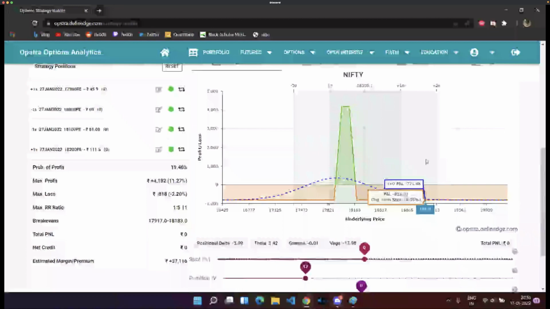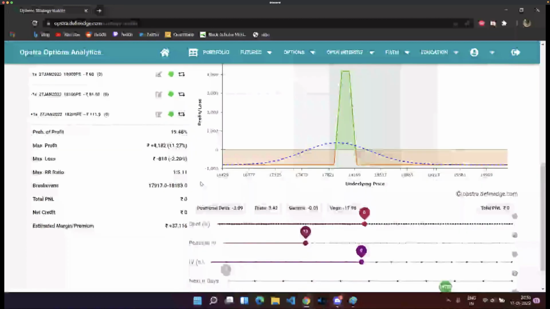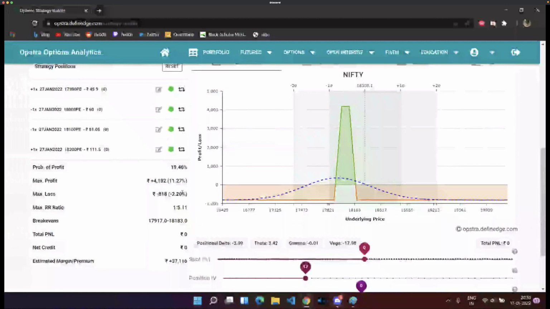And this is okay, fine. One day before expiry वाला दिखाना था ना मुझे. So this is 1:5.1. Please remember these numbers: 2.2% and 11.27%. On Wednesday, your max profit is 5%.